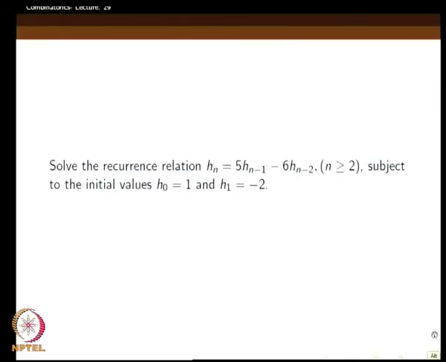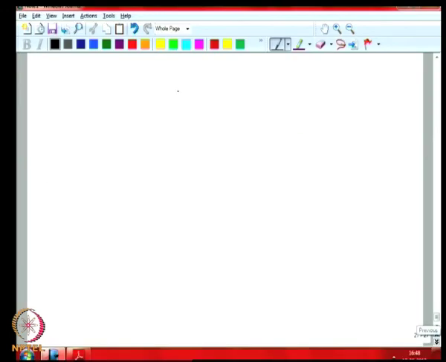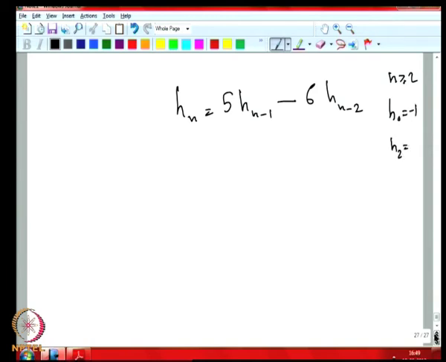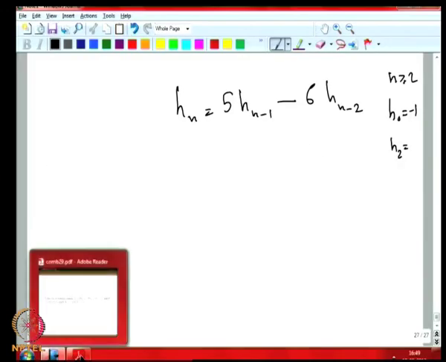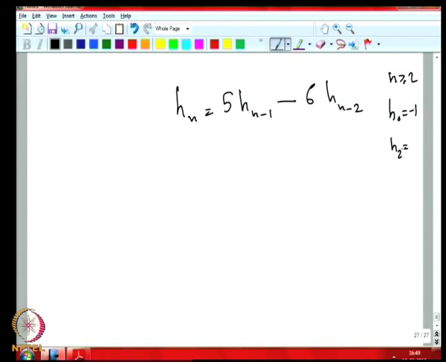We have hn equal to 5 hn minus 1 minus 6 hn minus 2. This is only true for n greater than or equal to 2, and h0 is equal to 1, h1 equal to minus 2.